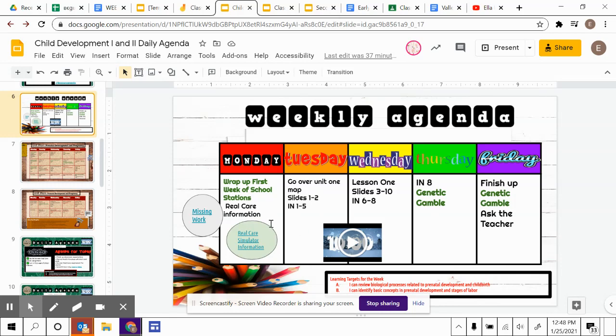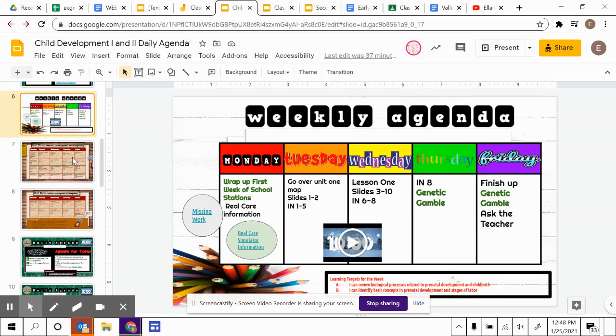Tomorrow in class, we're going to go over what we didn't get to today, and then we're going to get into the first unit and look at our interactive notebook and start to map out what we're going to do. As we get even further in the week, we're going to get into lesson 1 and do an activity that is called the genetic gamble.